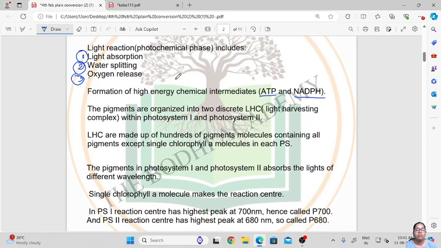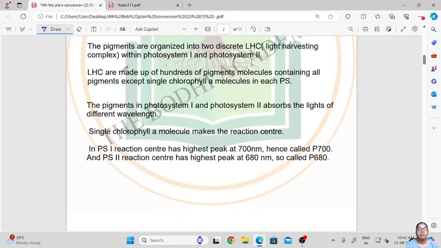So this is the light harvesting complex. Okay, and now what happens in the light harvesting complex phase. There is PS1 and PS2, that is photosystem 1 and photosystem 2. Photosystem 1 is called P700 and photosystem 2 is called P680, that is photosystem 700 and photosystem 680.